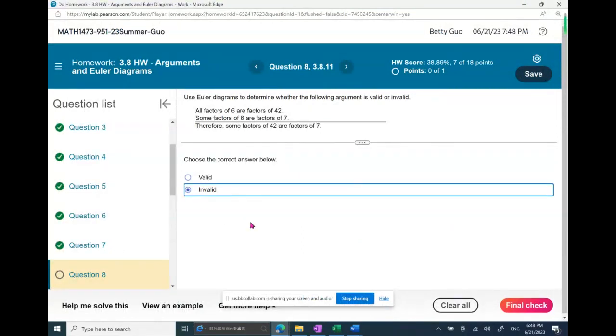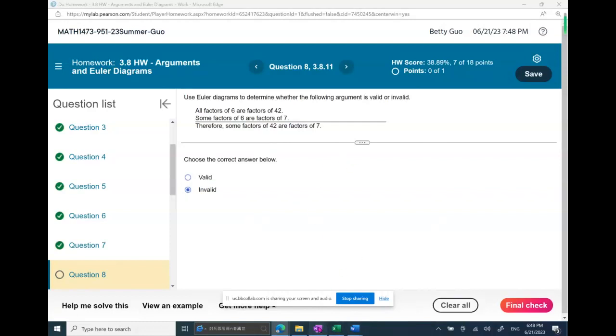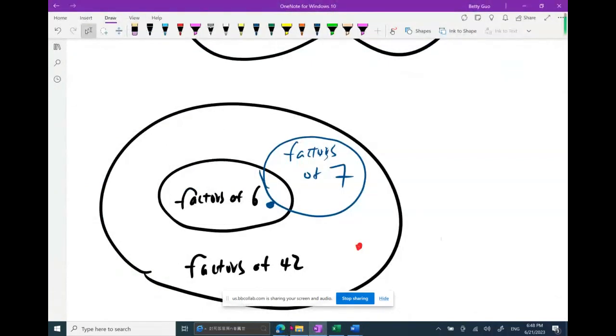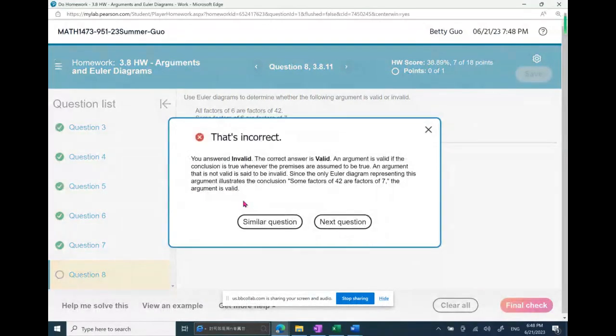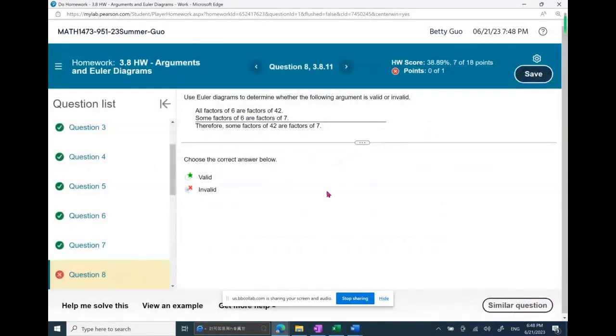Let me see. All factors of 6 are factors of 42. Some factors of 6 are factors of 7. Can we say some factors of 42 are factors of 7? No. Because the two different types of quantified statements. Sorry. Your answer is invalid. The correct answer is valid. Some factors of 42 are factors of 7.